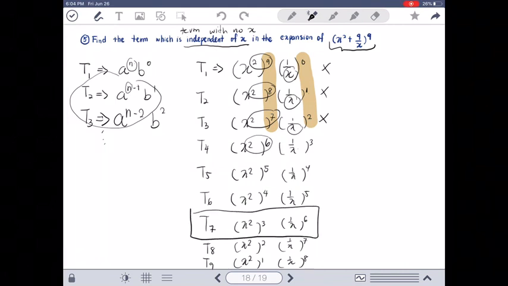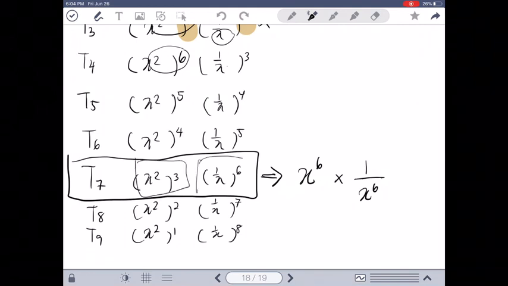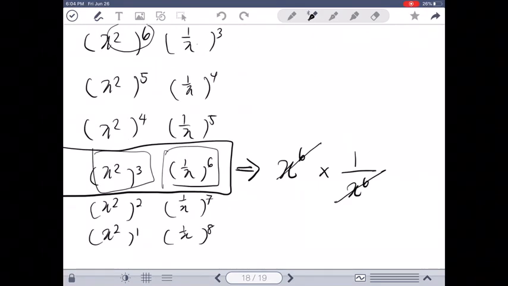But we have here, if you look at that one, right. So we have x to the power of 6 multiplied with 1 to the power of 6 over x to the power of 6. So this term, right, left-hand side will cancel out with right-hand side.